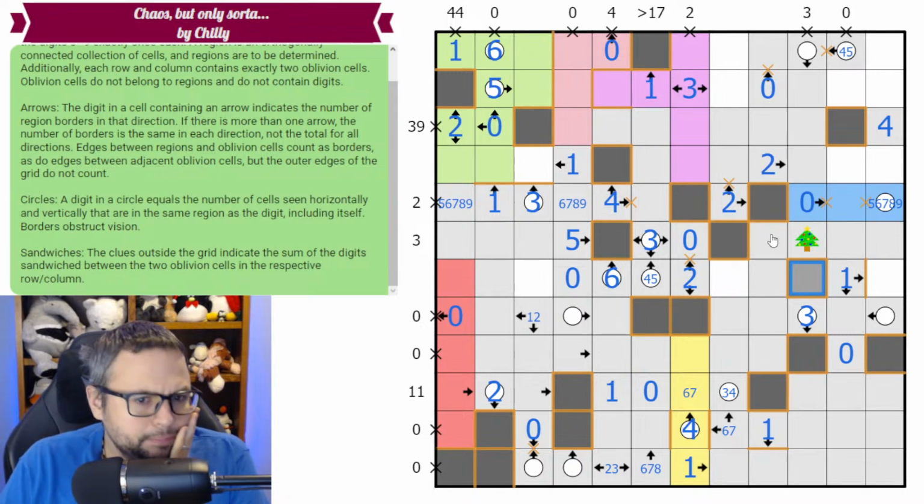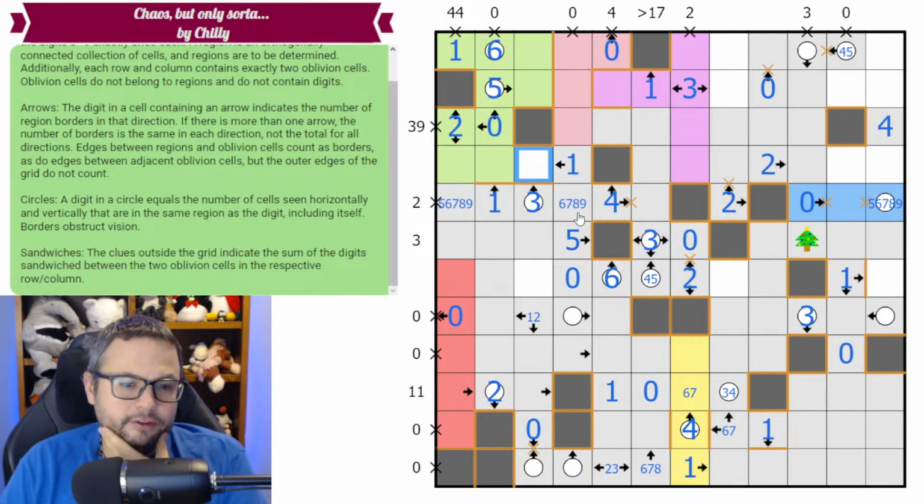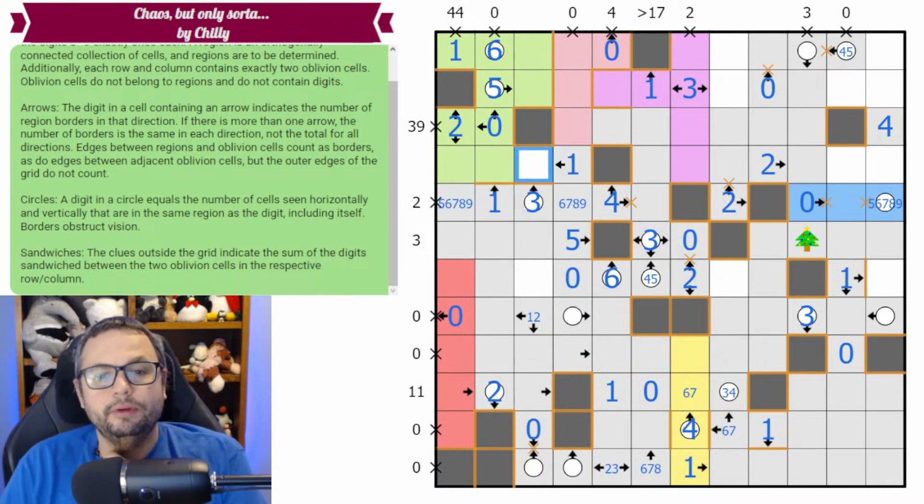Okay. This can't be Oblivion, is pointed out, because it would make this 1 into a 2. Very good. So this is gray, which makes this Oblivion.